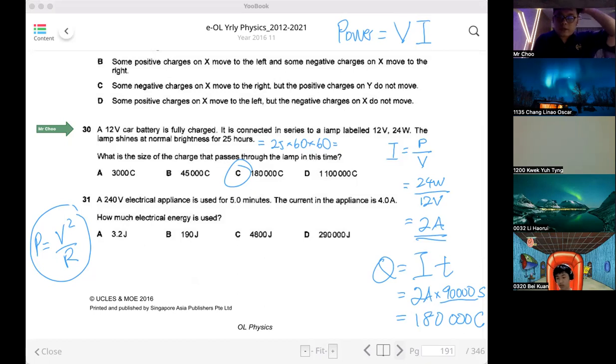Okay, so Yifan asked me a question. She has seen this formula before, so let me just go through with you. I mentioned today you have learned a new formula, P equal to VI.